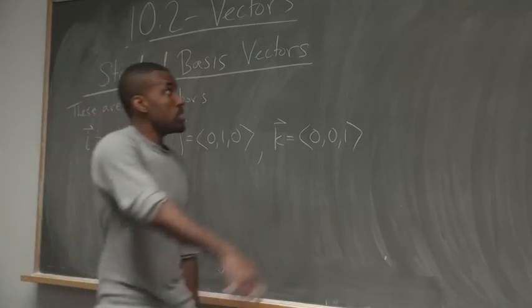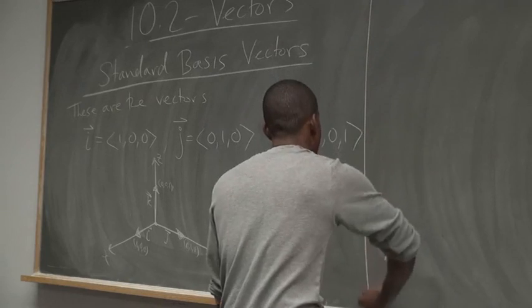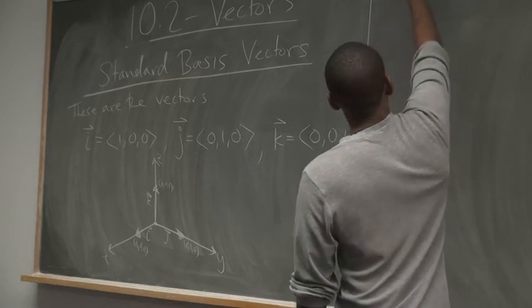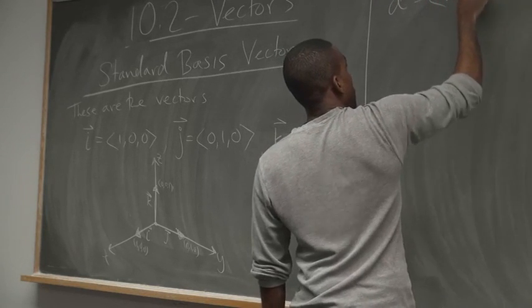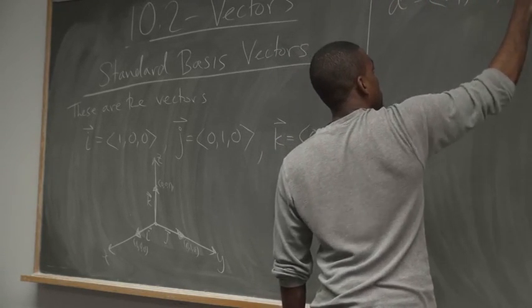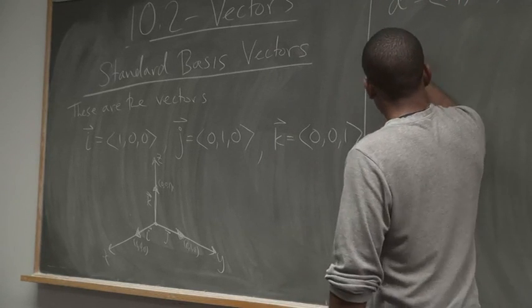Now the cool thing about these vectors is that you can represent any vector in terms of them. So let's say a has components a1, a2, a3 in 3 dimensions.